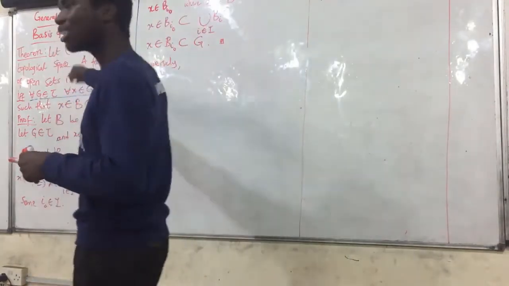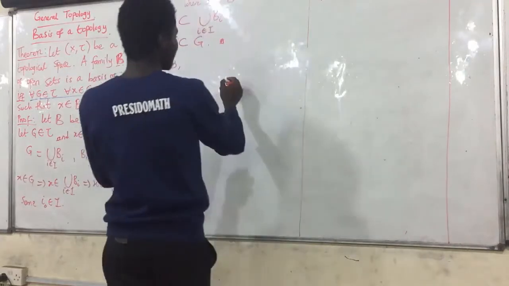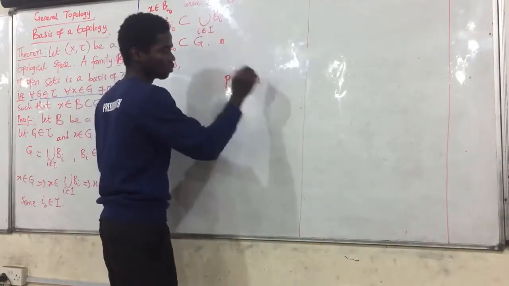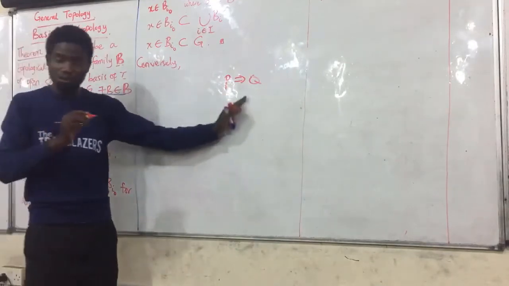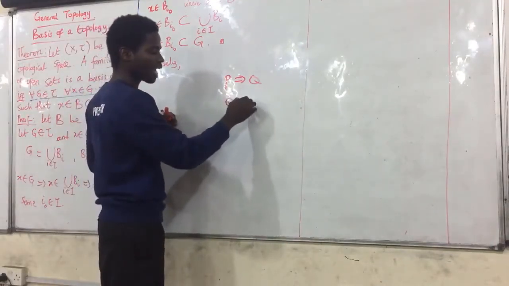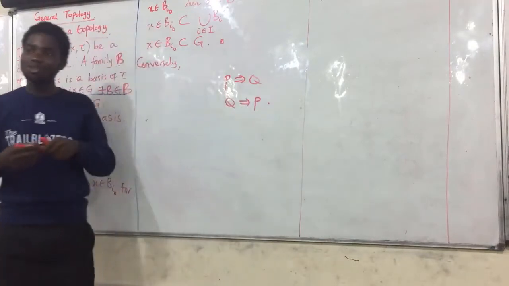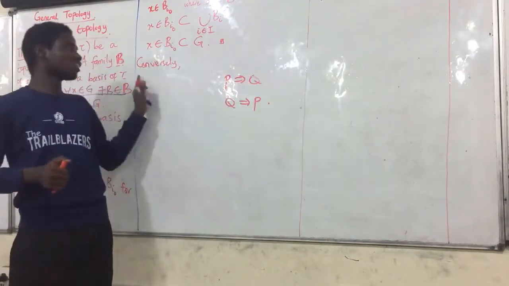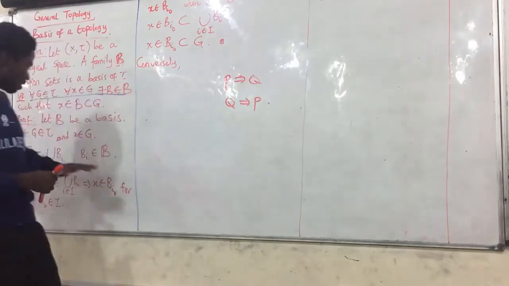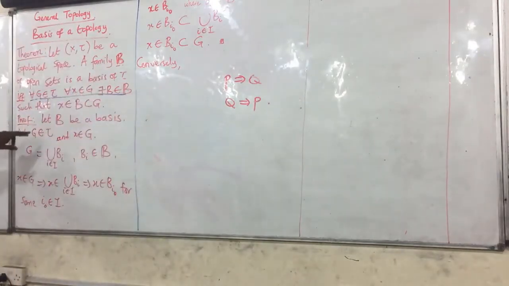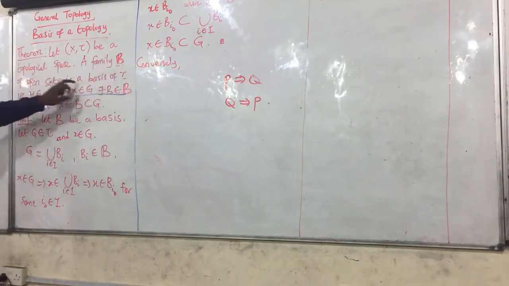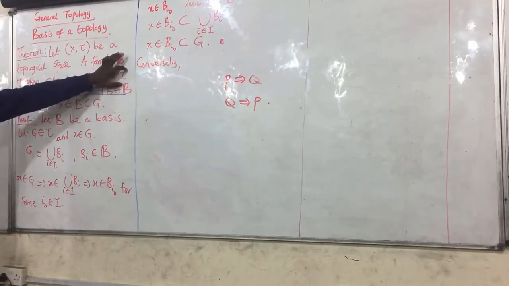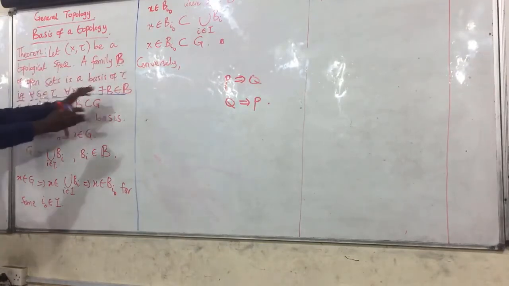So if you now want to prove this, you will first prove P implies Q. Then you will now do Q implies P. It is when you are doing Q implies P that they will now be saying conversely. Like the first one I have done, I started from P: let B be a family of open sets, a basis of the topology.